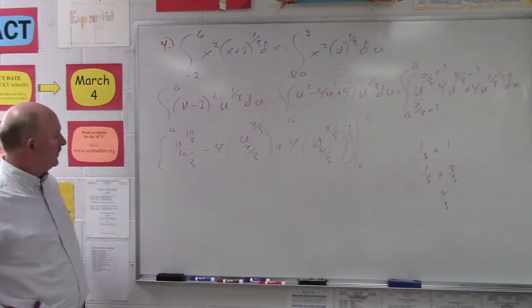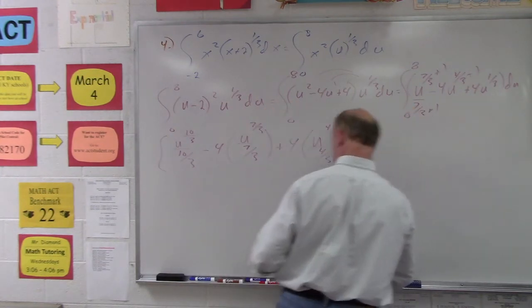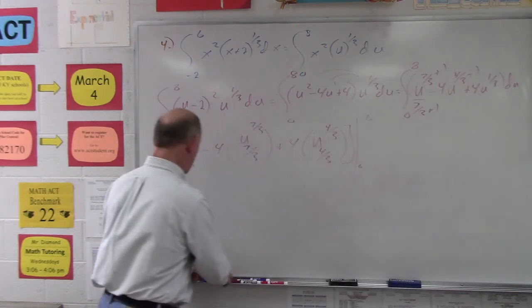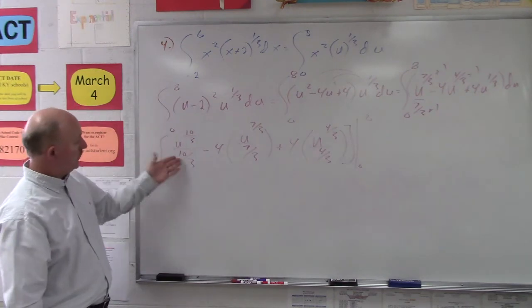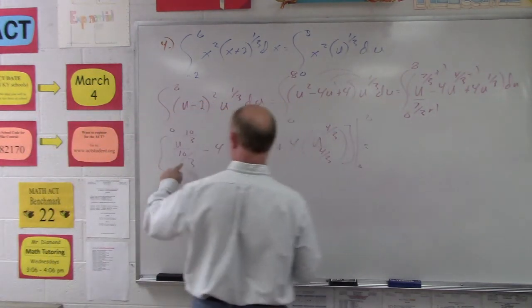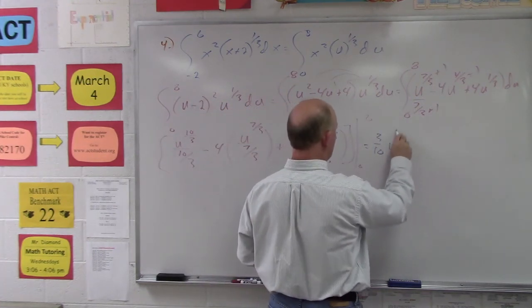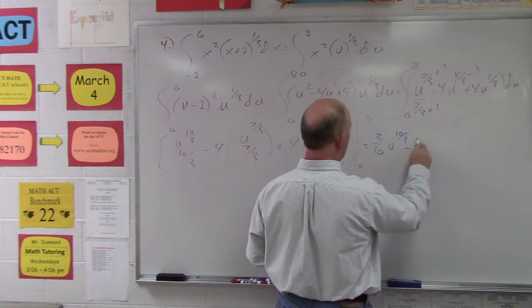All right, let's see if we can simplify this just a little bit now. Let's invert and multiply each of these fractions as we simplify. Invert the 10/3, it becomes 3/10 u to the 10/3, minus.